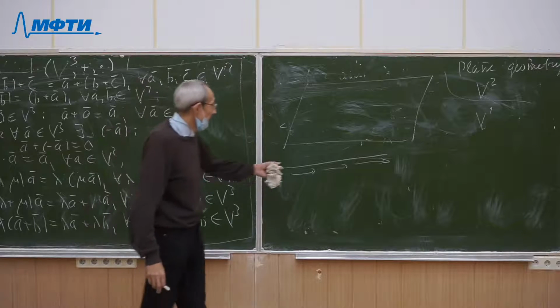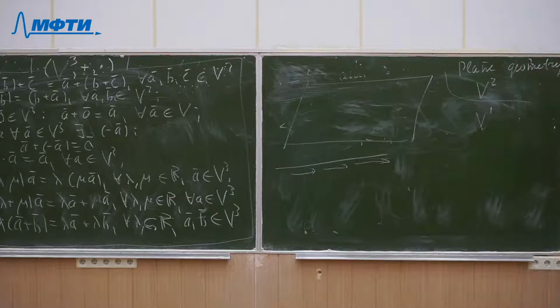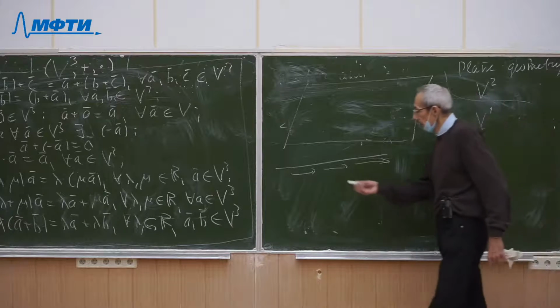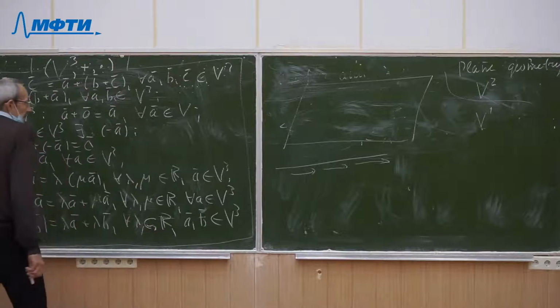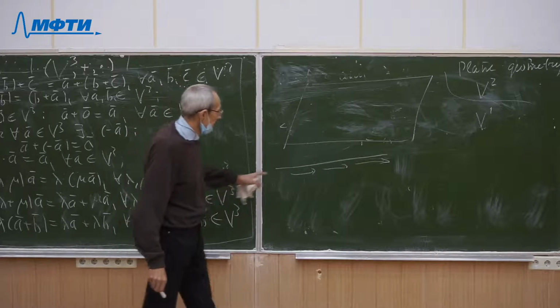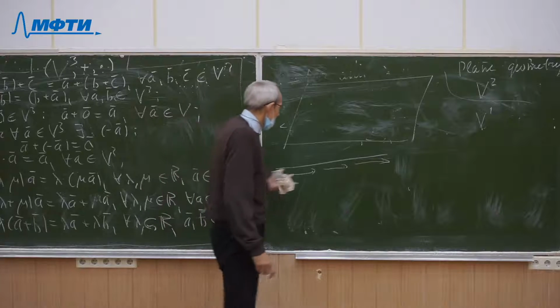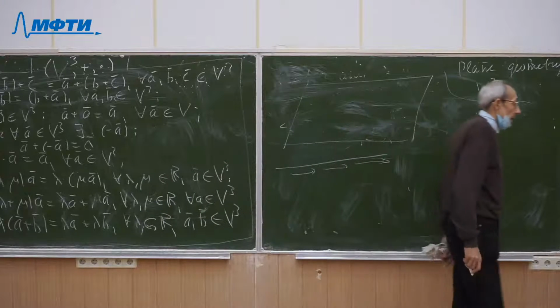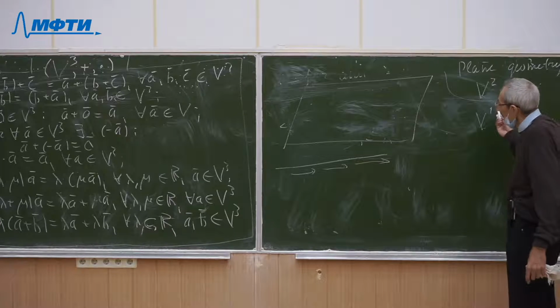The sum of such vectors is also a vector parallel to this straight line, and if we multiply such a vector by a scalar, we also obtain a vector parallel to this straight line. This set is closed under these operations, and we obtain the vector space V1.